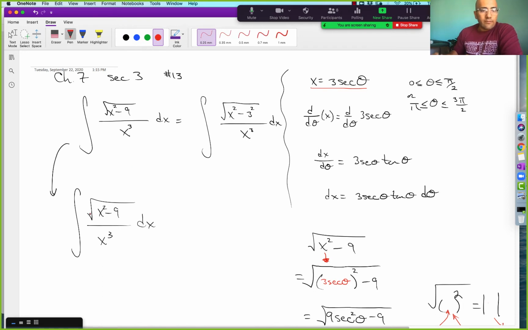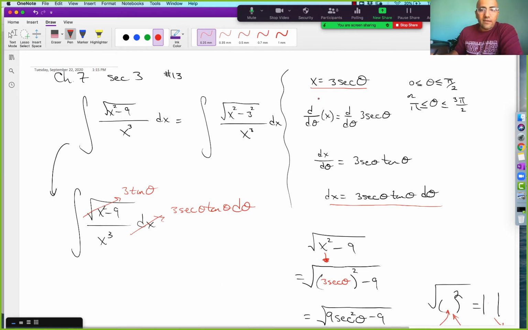So we saw after all that work that the numerator just becomes 3 tangent of theta. Good. And we saw after a little bit of derivatives that the dx becomes 3 secant theta tangent theta d theta.